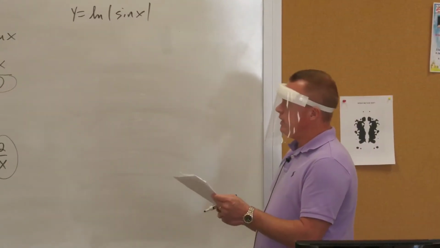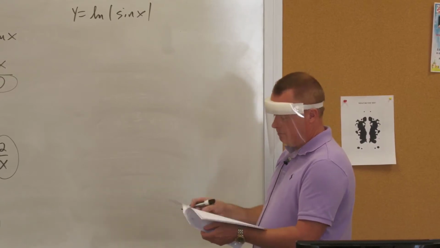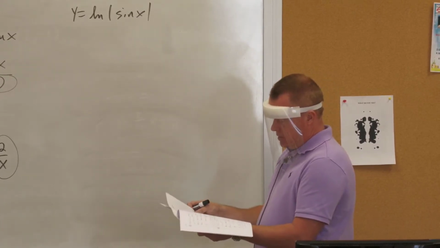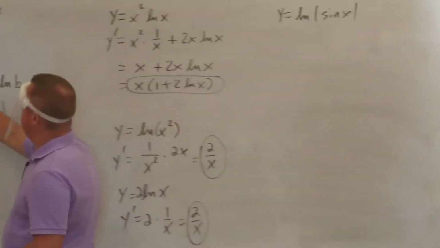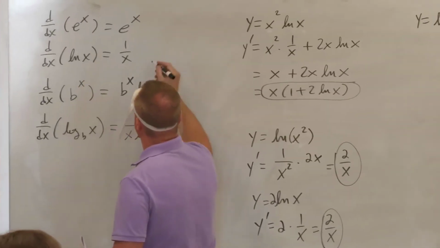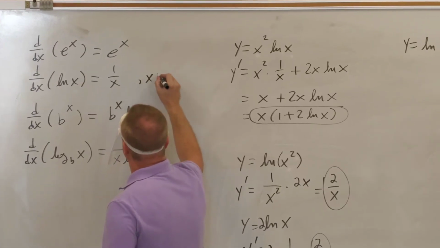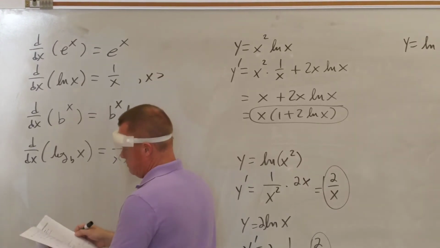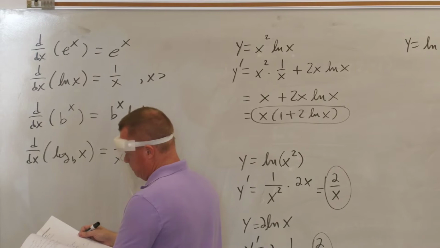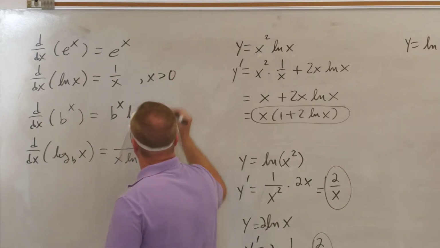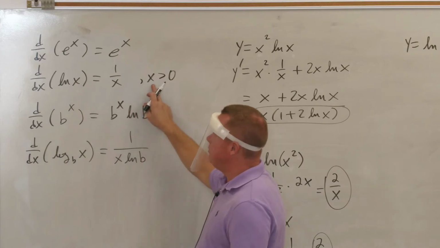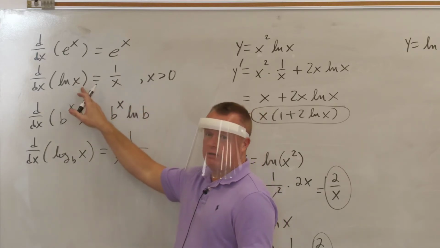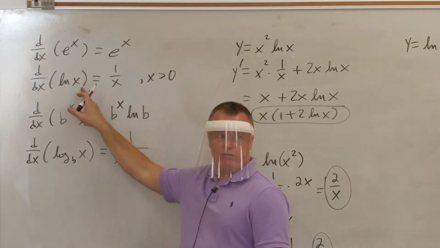Now, one thing I didn't write up there is that ln of x is true as long as x is greater than 0. If x is 0 or negative, you can't take the log of a 0 or a negative number.